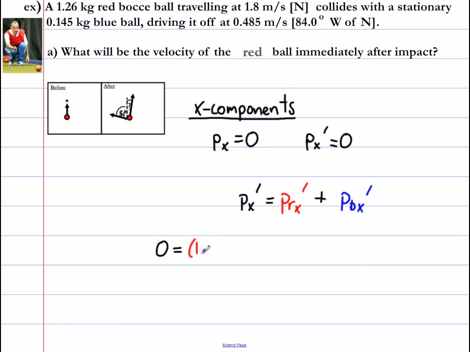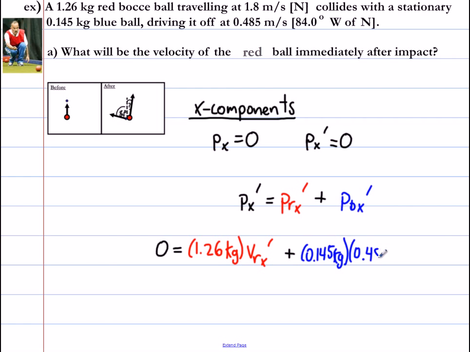So 0 is the final momentum, and we'll just write down the mass of the red ball, multiply that by the speed of the red ball after the collision. That's what the prime there is for. And we add the mass of the blue ball, in kilograms, and multiply it by the speed of the blue ball in the x direction.